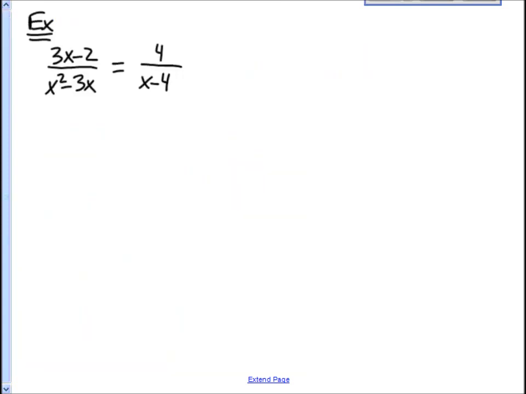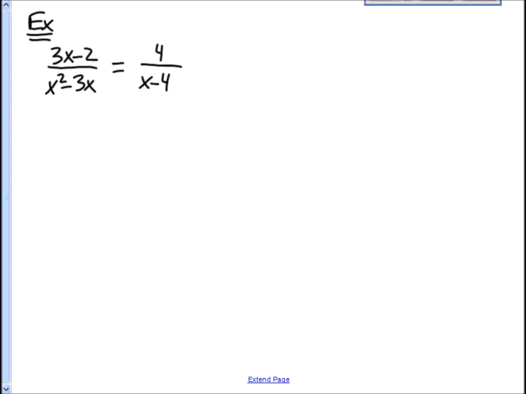Okay. All right, let's solve another one here. 3x minus 2 over x squared minus 3x equals 4 over x minus 4. Okay. Now this one you notice that you already have one fraction on the left-hand side, one fraction on the right-hand side, don't you? Okay.